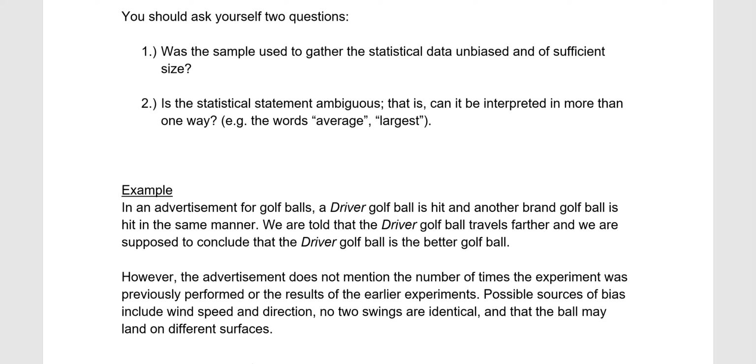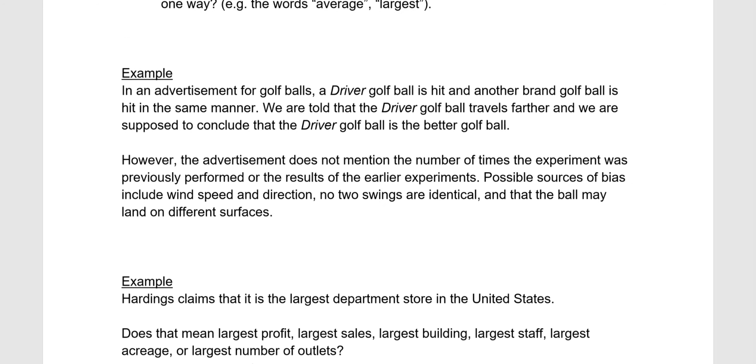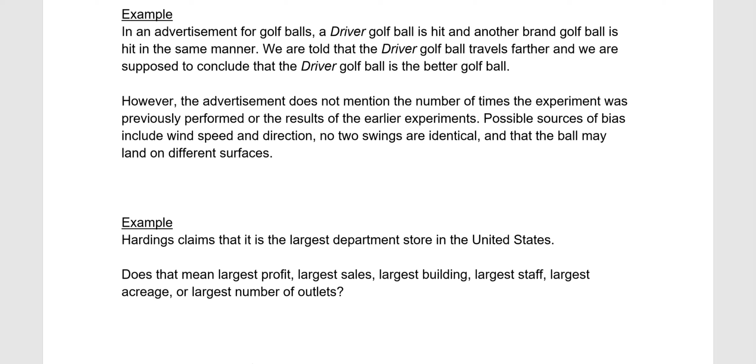For example, there are words like average or largest that get thrown around. These can mean different things. Average, we'll see, can be calculated in several different ways, and largest can mean many, many things. So let's see a couple examples here of statistics being misused.